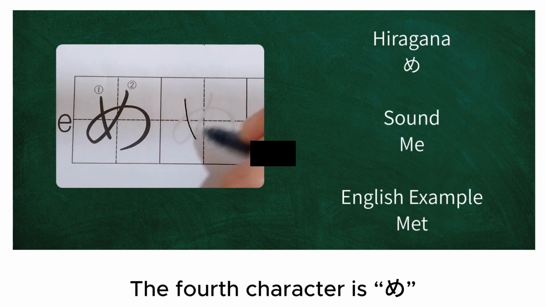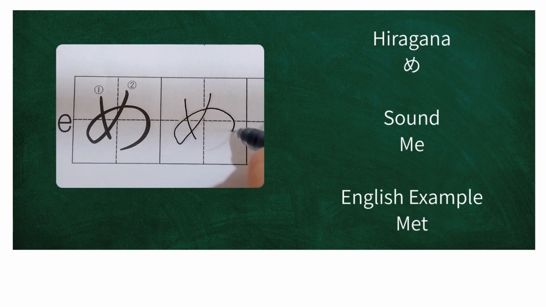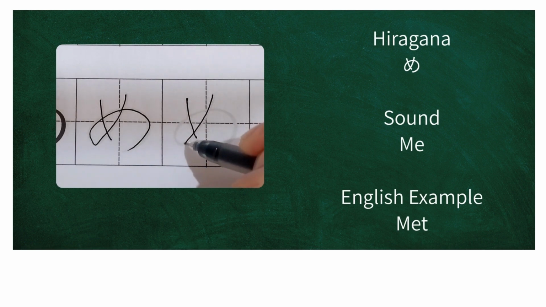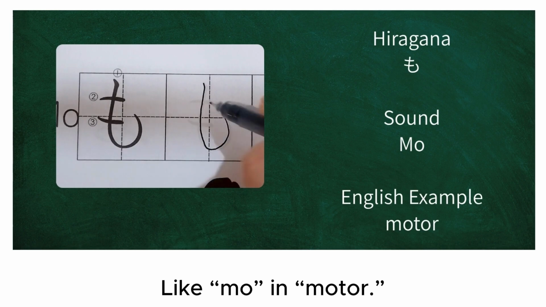The fourth character is me, like me in met. The fifth character is mo, like mo in motor.